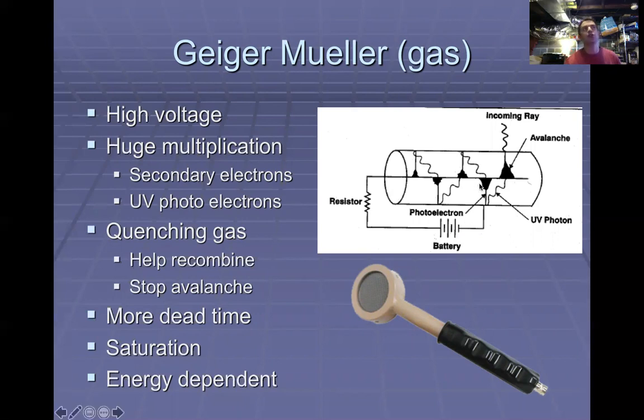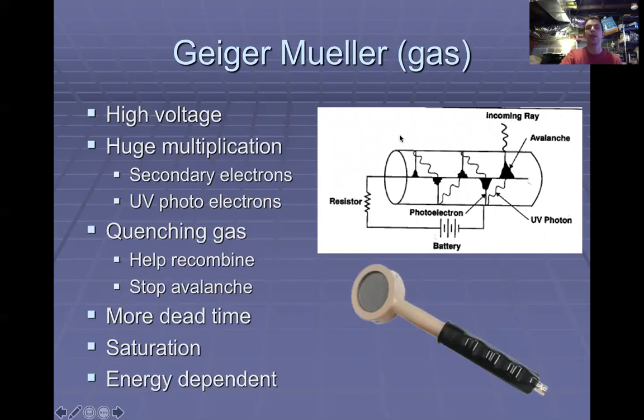But because the electric field is so high, these avalanches continue until it ionizes the entire volume of the gas. So that's why you don't have any sort of discrimination. You don't know what your count was. You get counts from this meter, but you don't know if it was an alpha particle, an electron, or a photon that was the actual ionizing event. All you know is that there was a count.